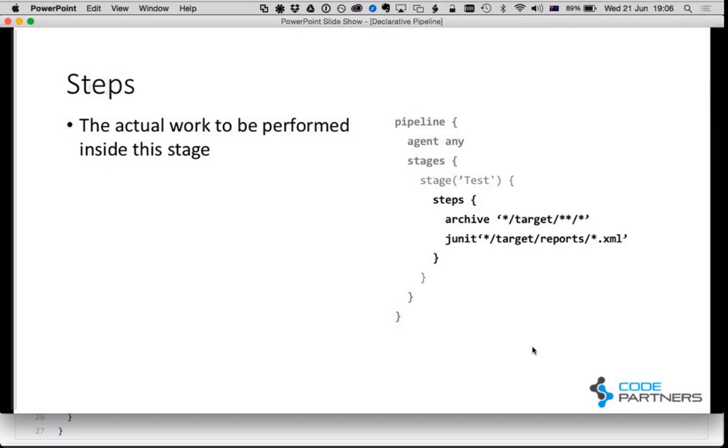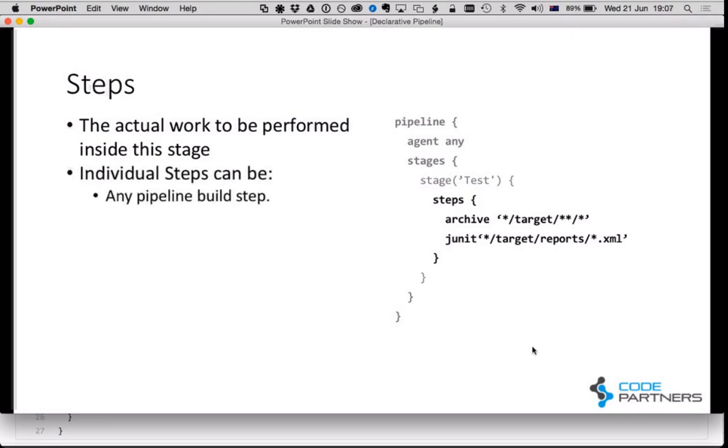So in this case, you can see we're doing a couple of things. We're archiving some artifacts out of probably one of the earlier build steps, and then we're also publishing a unit test report into Jenkins inside this test stage.